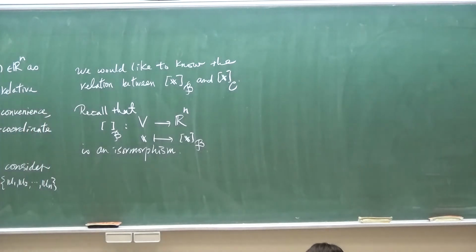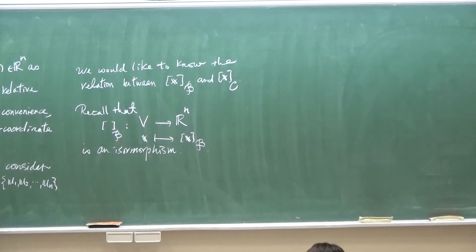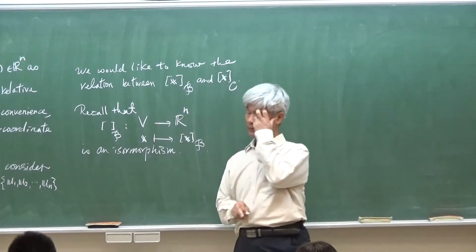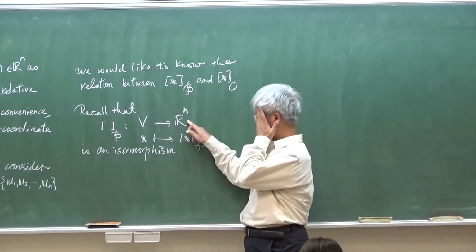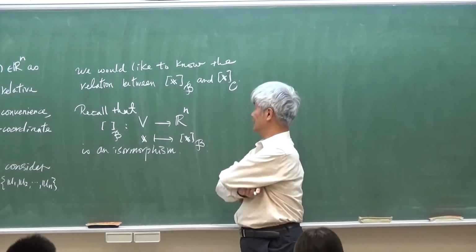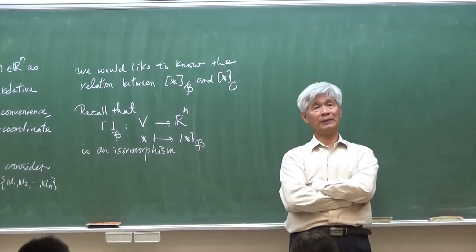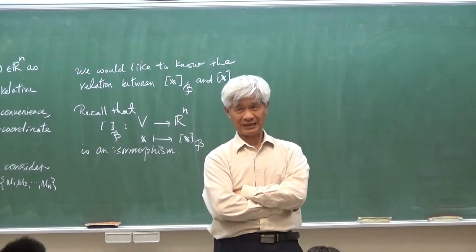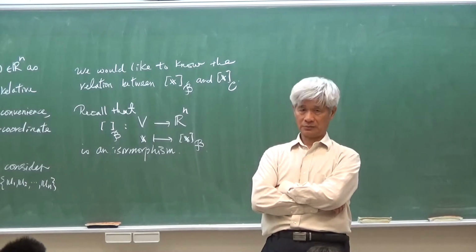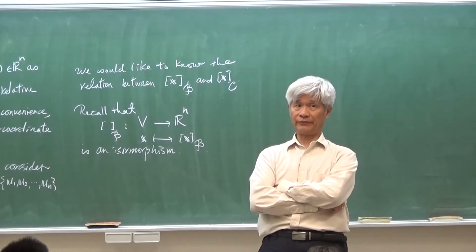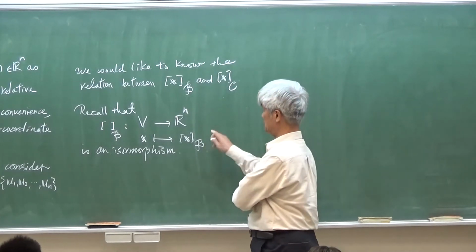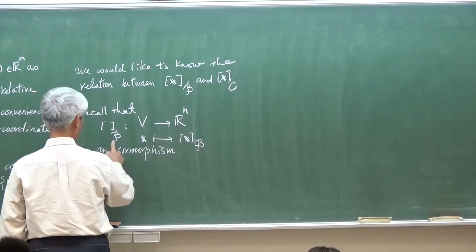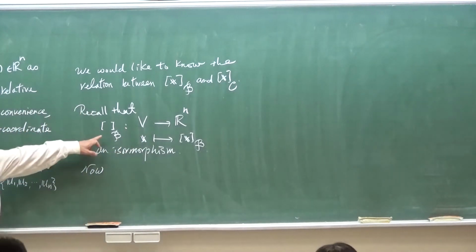Okay, move that forward, right? So that is a linear transformation from the n-dimensional vector space V to the n-dimensional Euclidean space. And this linear transformation is bijective, which means that it is one-to-one and onto. Right? So we proved that. So this is true for any ordered basis, right?